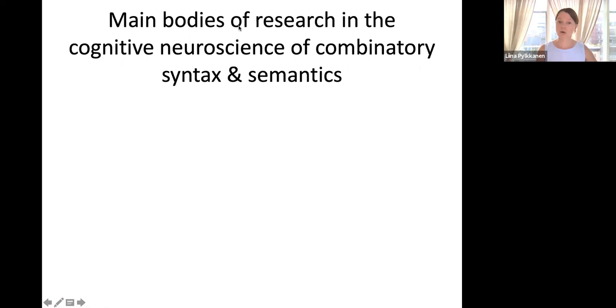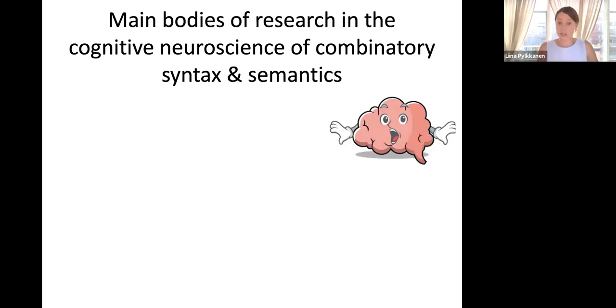Okay, so next, I want to introduce you to three bodies of research in the cognitive neuroscience of combinatory syntax and semantics. These are the main bodies of research if we look across the full literature, broadly speaking. The first body of work is one where you're violating some type of knowledge that your brain has about these different levels of representation.